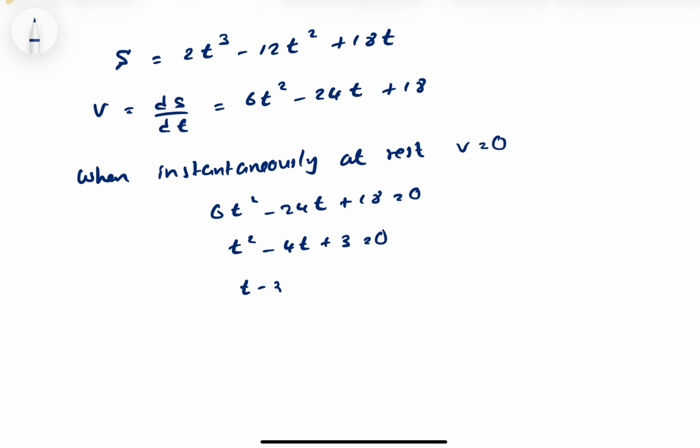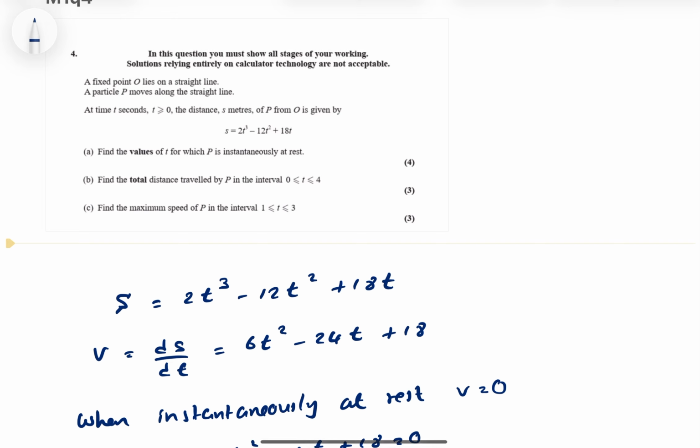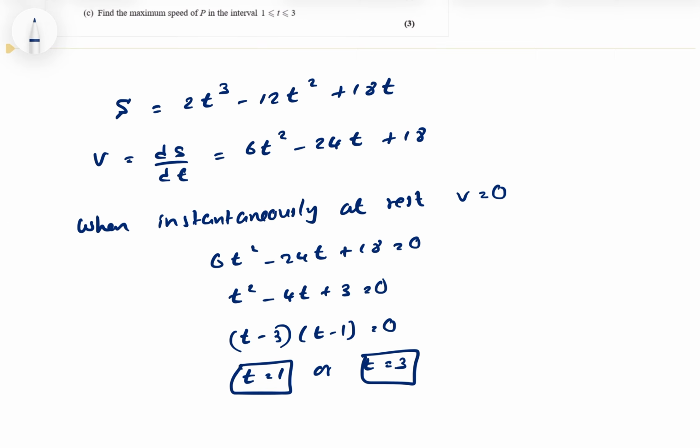Factorize this: t minus 3, t minus 1 equals 0. So t equals 1 or t equals 3. Those are the values of t for which P is instantaneously at rest. That will be the answer for part A.